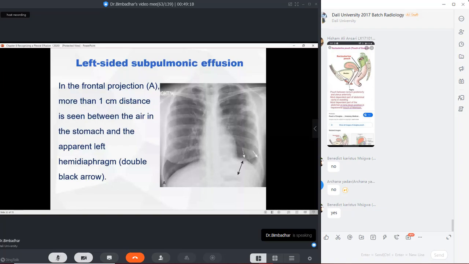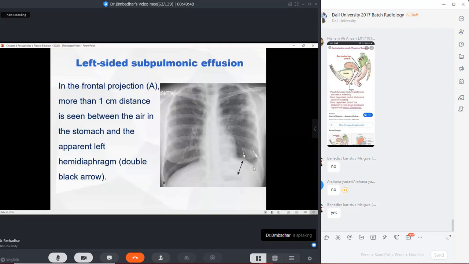And in the same way, now look at the same area down on the left side. Generally, if there is no fluid collection here, it should look symmetrical like the right side, yes? But on the left side, this one is not looking that way. I can see that there is a white area present here. First, there is an opacity that is obscuring the shadow of the left costophrenic recess.